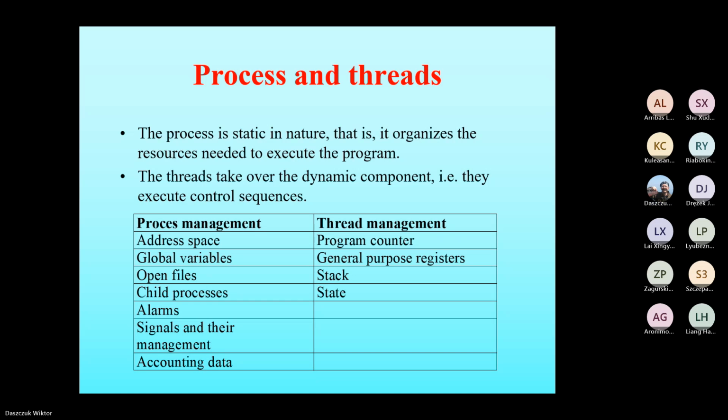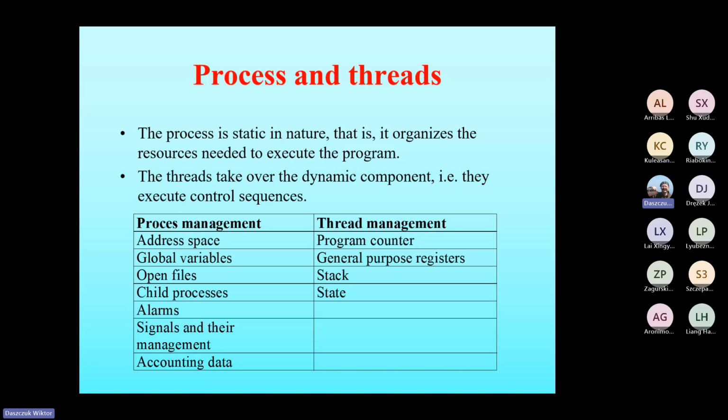And the dynamic aspect of running a process was shifted to threads. Threads took the dynamic aspect of a process, and a process preserved the static view, which is a set of resources, distinguished from all the resources to run a program. So here we have a comparison.